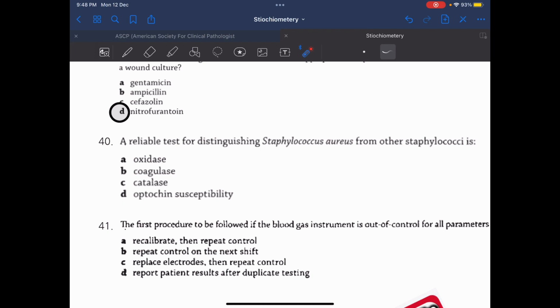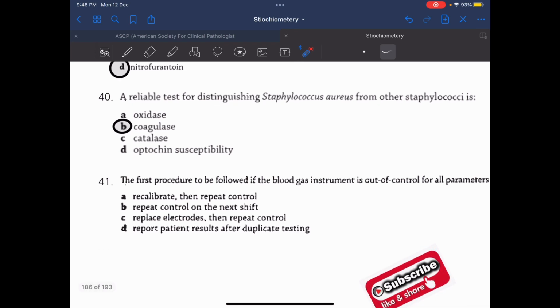Question 40. A reliable test for distinguishing Staphylococcus aureus from other staphylococci is oxidase, coagulase, catalase, optochin susceptibility. The correct answer is coagulase. Staph aureus is coagulase positive. Others are coagulase negative.